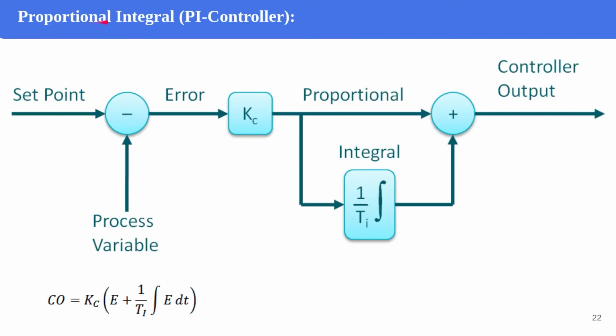Next, we have a proportional integral or PI controller. As you see here, we have the controller gain and the proportional and integral terms here. So the output signal or controller output is equal to the controller gain multiplied by error plus the integral terms here.